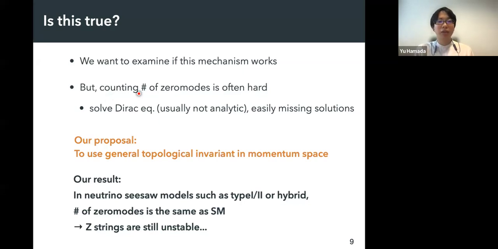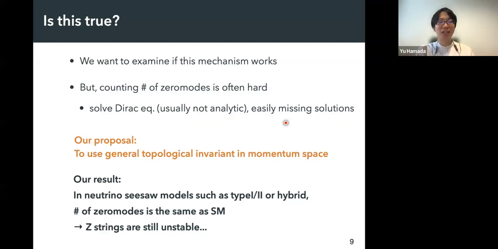But the counting of zero modes is sometimes very hard, because the Dirac equation usually cannot be solved by an analytic procedure. So we have to solve the Dirac equation in a more convincing way, like some numerical technique, but it easily misses some solutions.